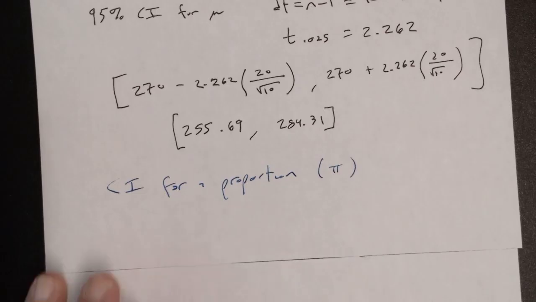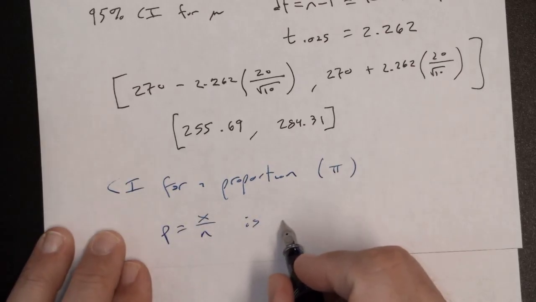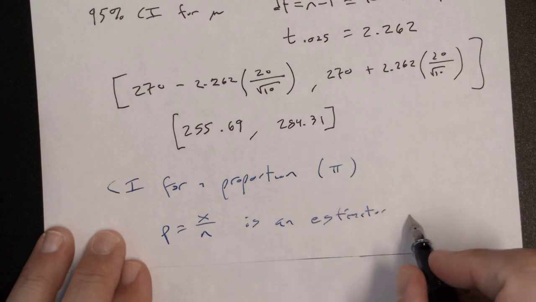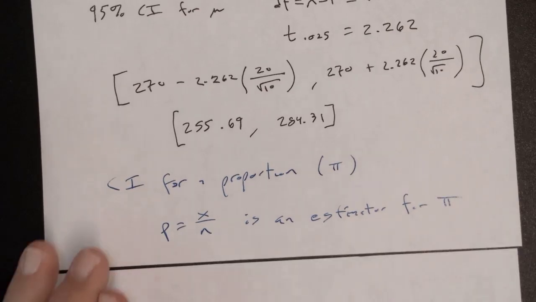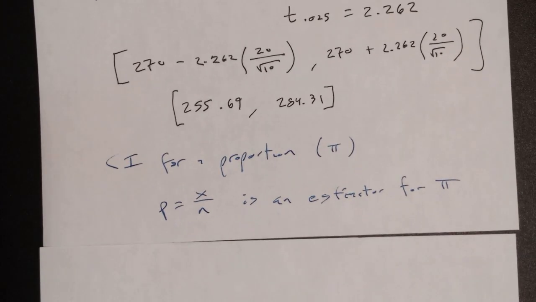But I can think of how many times did the thing I want to have happen out of how many times I did the survey or experiment or process. This is my sample. This is the number of things that went the way I wanted. I make a proportion. Take the fraction.